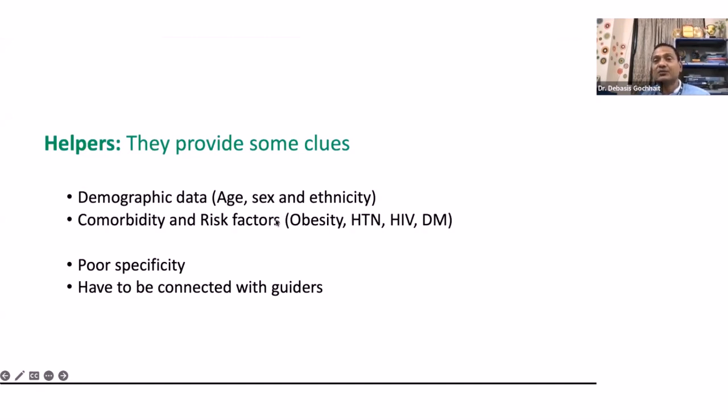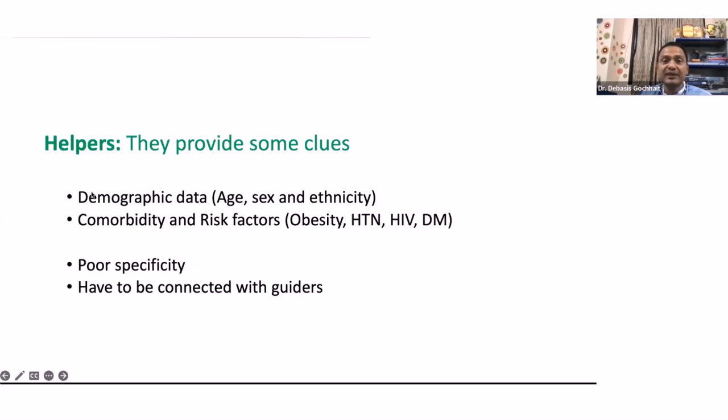Then we have certain comorbidities and risk factors. Like in the previous scenario, we saw the risk factors were multiple sexual partners and a multiparous lady. Okay. So you will have certain comorbidities. Now comorbidities, like suppose you can have hypertension, you can have diabetes, you can be having a malignancy, you can be having chemotherapy. Okay. That is all called comorbidity or risk factors.